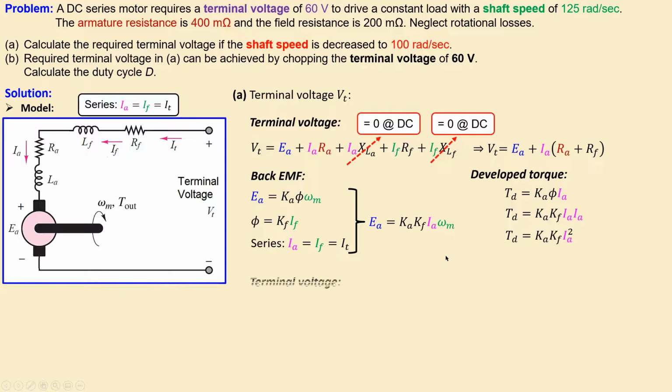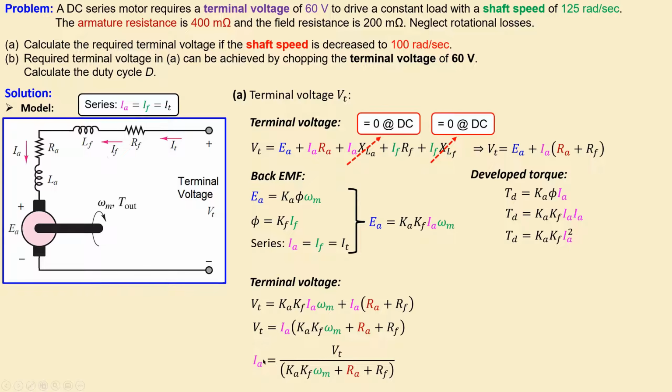Okay. What's next? Now, again, look into the terminal voltage. That's this expression. I can use the value here, then I have this expression. Now if I rewrite this a little bit such that the armature current is outside the parentheses, I have this expression. Now I can also rearrange this such that I have expressed I_a, the armature current, in terms of the rest of the parameters.